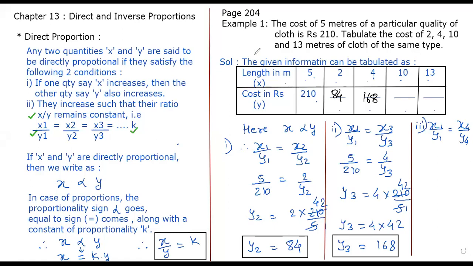Yes or no? Yes, sir. What do I write here? 5 upon 210 is equal to 10 upon y4. y4 is equal to 10 into 210 upon 5, and this was 42. We had only found it out. What is y4? 420. Yes or no? Yes, sir.